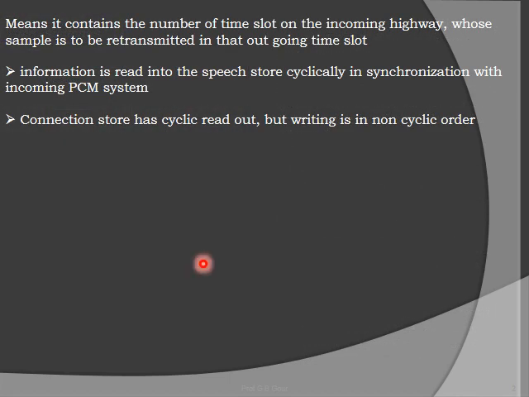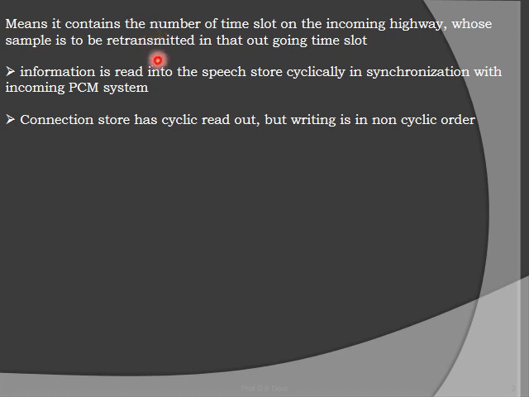It contains the number of the time slot on the incoming highway whose sample is to be retransmitted in that outgoing time slot. The meaning of this sentence, you try to understand here, guys. A multiplexer you have seen; it contains more inputs and only one output. At the input, whatever data you keep, the same data will go out.